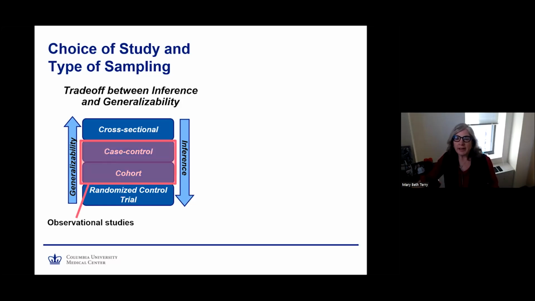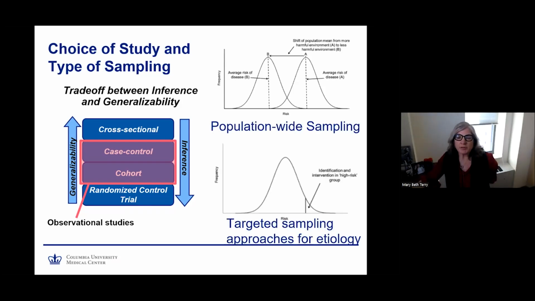Further, we know that most cancer causes have been identified from observational research, not from RCTs. Within observational research, population-based studies have been given preference over non-population-based studies, likely because of this importance of generalizability for public health purposes. Here it is about moving the average in a population.